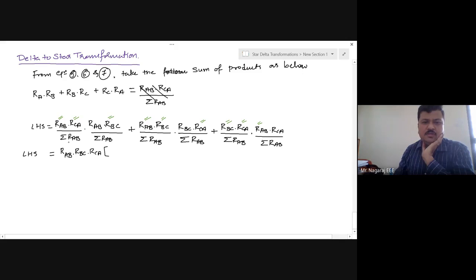In the denominator it is summation RAB into summation RAB, in all the 3 terms it is the LCM.